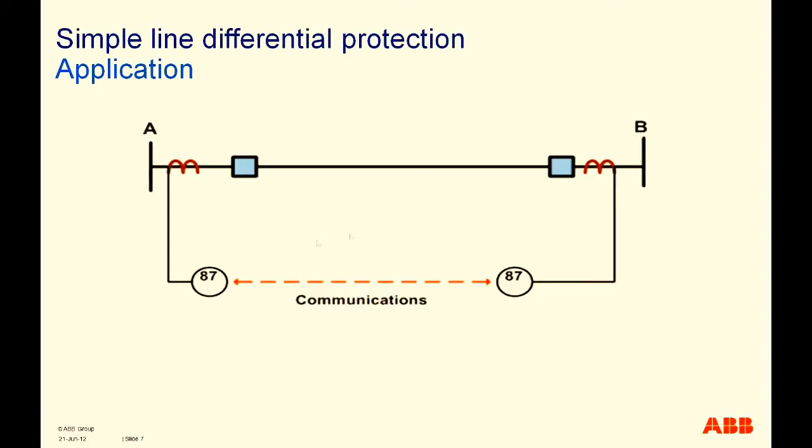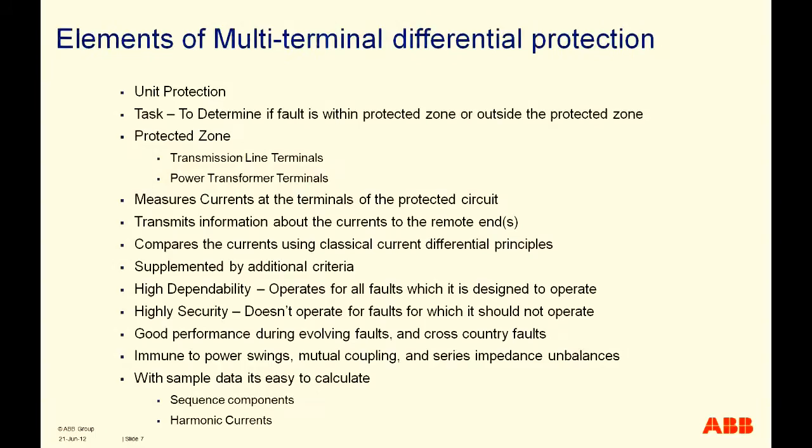These two will talk through a certain communication medium to exchange information about the analog and sometimes the digital data, the binary data, for these two relays. So that's the basic idea of line differential protection.